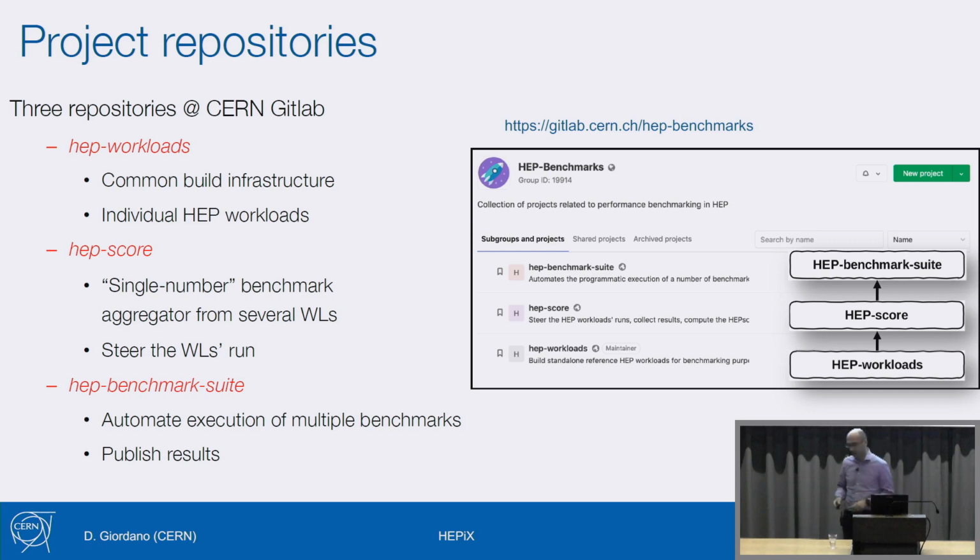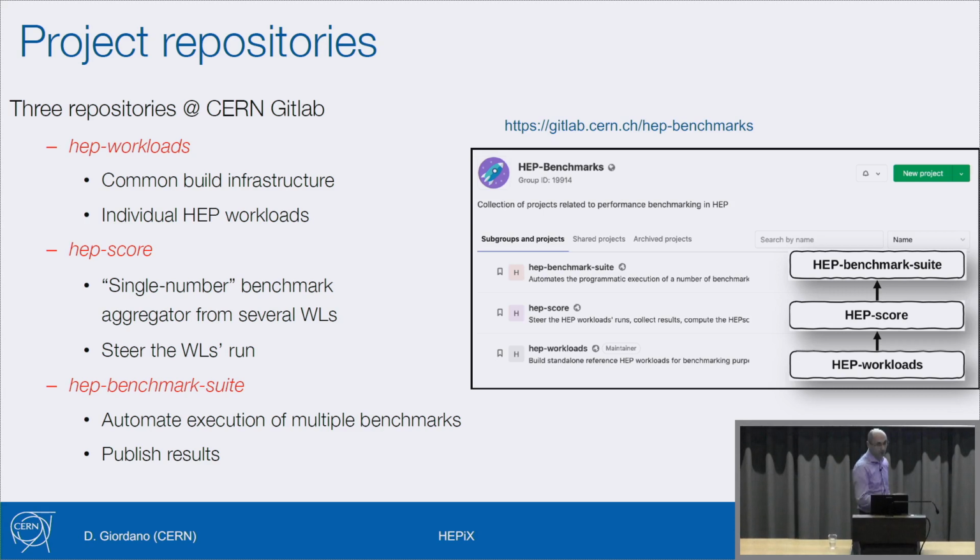So we have structured this project essentially with 3 components, 3 pillars. One is the HEP workloads, then there is the HEP score, and then the HEP benchmark suite that I will detail in the next slides. But mainly the HEP workloads is what is able to run each individual workload of the experiment. The HEP score is what computes a single number that is the equivalent of a HEPiX 6 if you want.